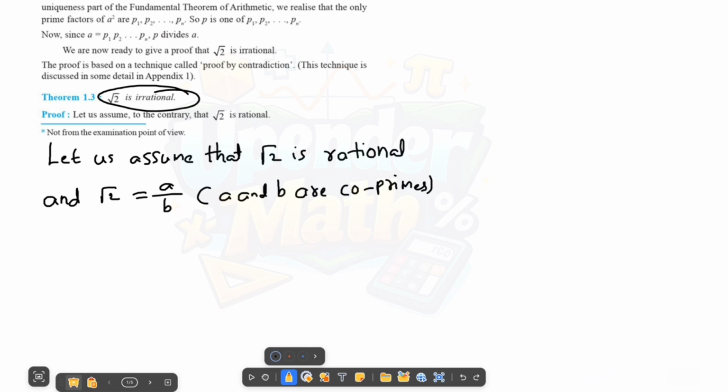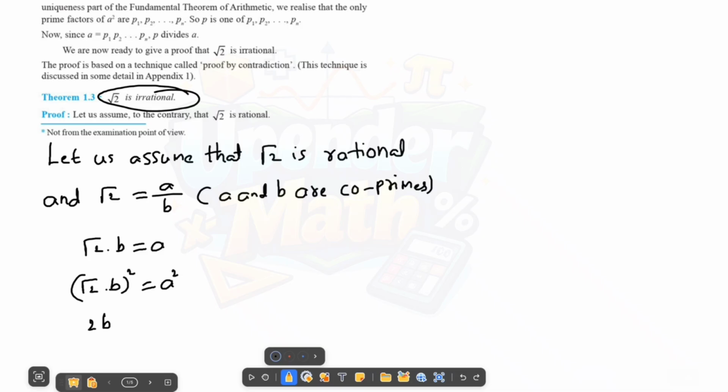So now bring this b to the left side. Now it becomes root 2 into b is equal to a. Now squaring on both sides: root 2 into b, whole square, is equal to a square. Root 2 square is 2 and b square is b square.